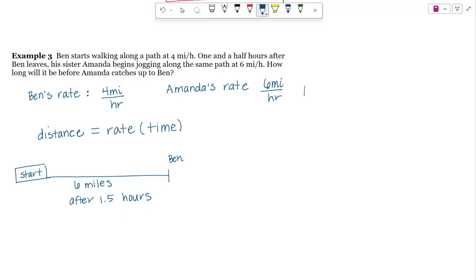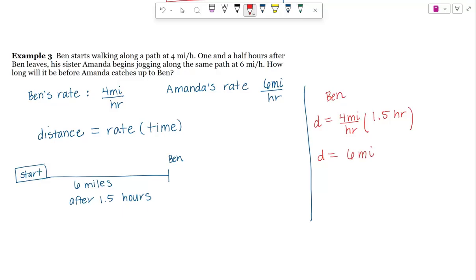Well, for Ben, the distance that he's traveled is his rate, 4 miles per hour, and he was walking for 1.5 hours. If we multiply that together, the total distance is 6 miles.